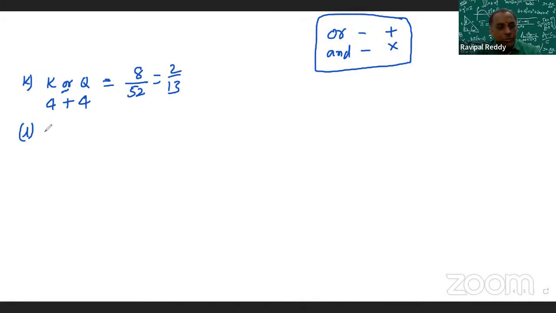Next question. Spade card or club card? Please tell me the answer. What is your answer?